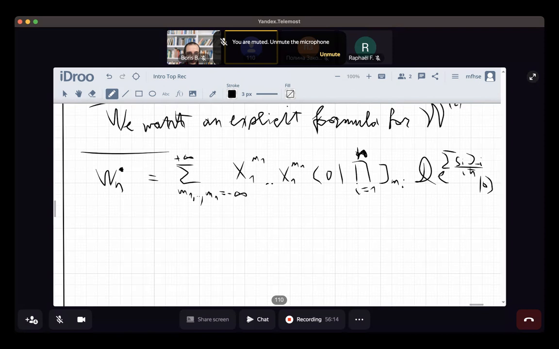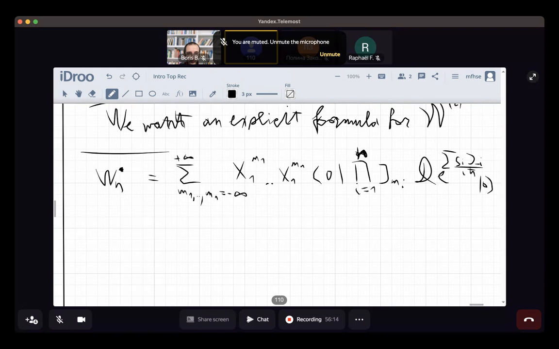Now we want to define a curly W bullet of U. So we'll introduce some formal parameter U and consider the following correlator.